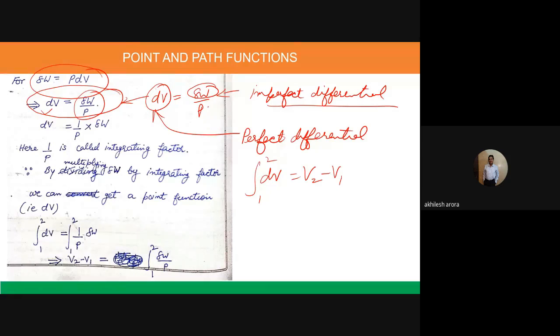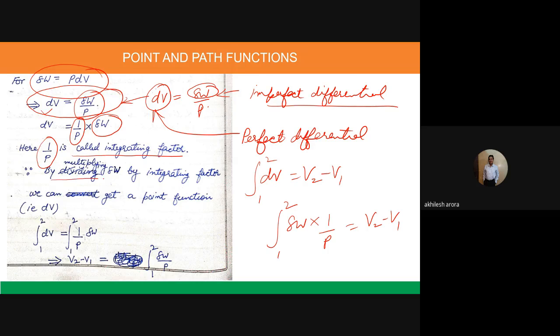See, delta W is converted into a perfect differential by multiplying by an integrating factor, and this integrating factor is 1 by P. So when I multiply delta W, which is an imperfect differential, by the integrating factor 1 by P, then on integrating from 1 to 2, I will get V2 minus V1.